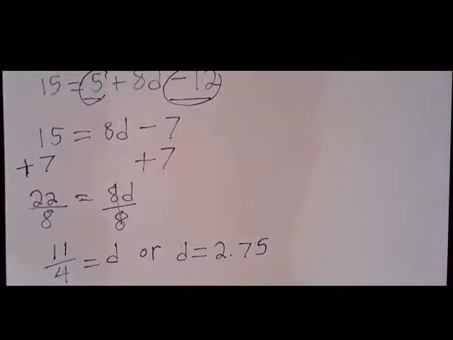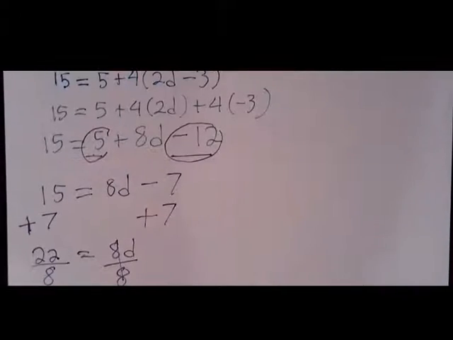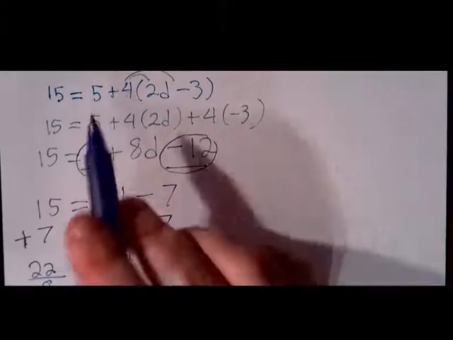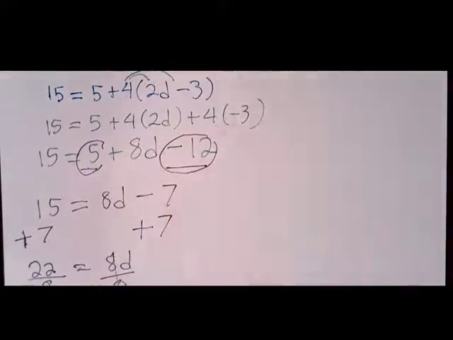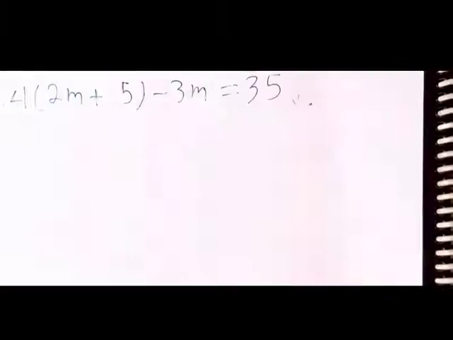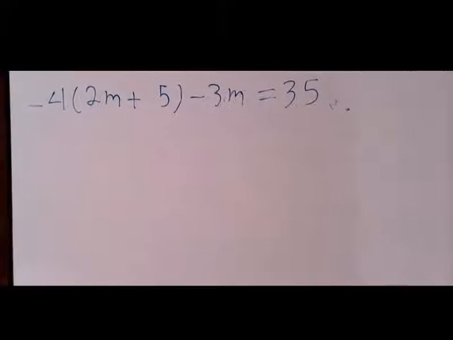All right, so I mentioned earlier that we could have done problems similar to this where I got rid of this number first. There are cases where that's not going to be possible. Okay, and here's one of those.